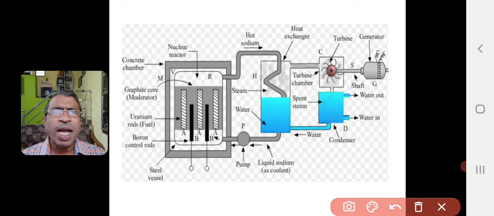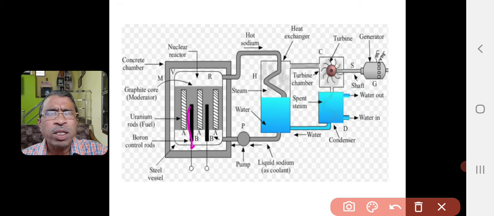Inside the reactor core we have a graphite core, which is called the moderator. The moderators are placed, the graphite cores are there, and the uranium fuel is there. These are the uranium fuel rods. And surrounding them you have the control rods.